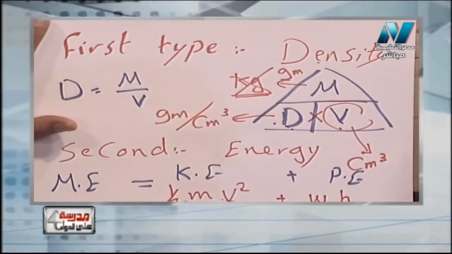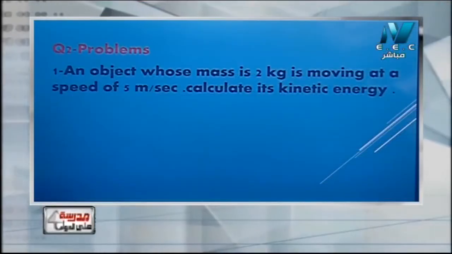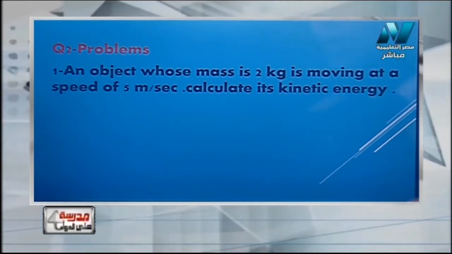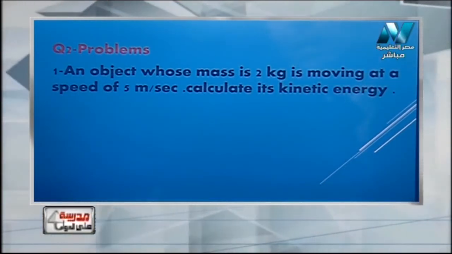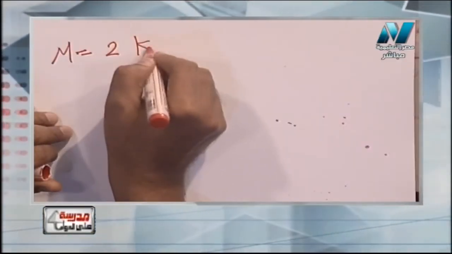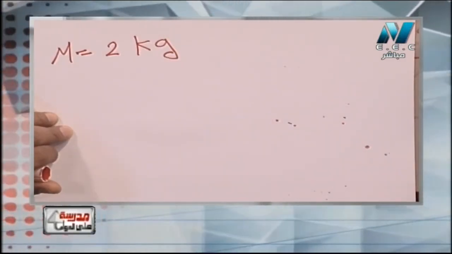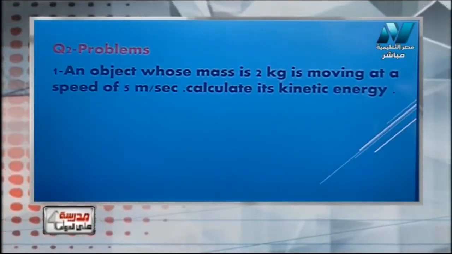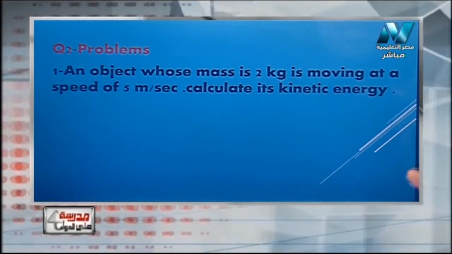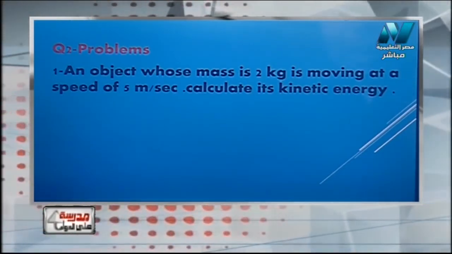So let us see the first question in problems. Number 1, an object whose mass, so I must write mass equals 2 kilogram. Here you can say to me, sir, it's in kilogram, but this question is not related to density.